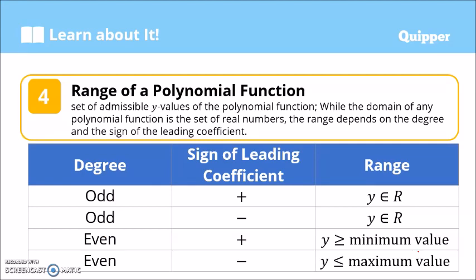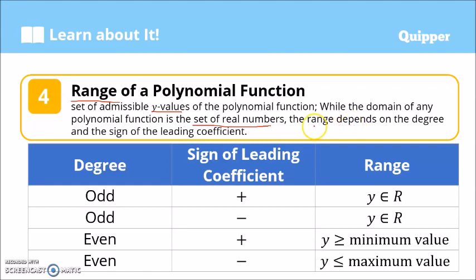The range of a polynomial function. Now, if the domain is the set of all admissible x values, the range naman is the set of the admissible y values of the polynomial function. While the domain of any polynomial function is the set of real numbers, di ba sabi, kahit na anong polynomial function yan, yung domain niya ay set ng real numbers.